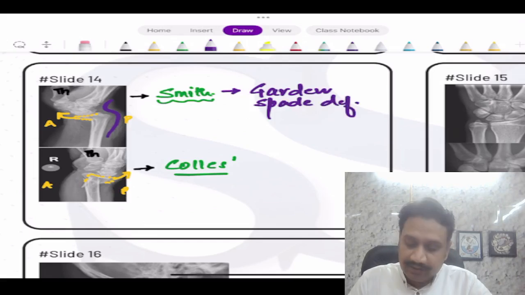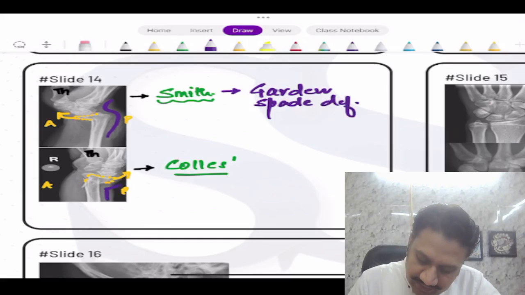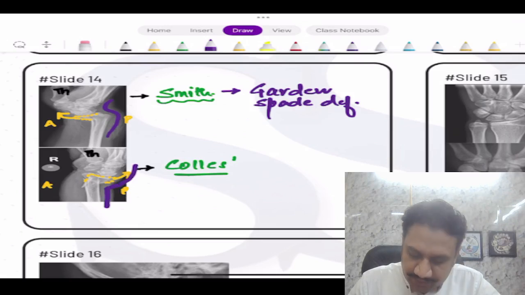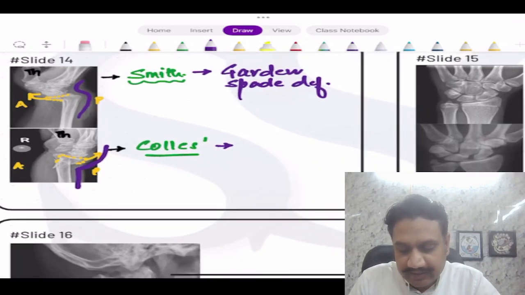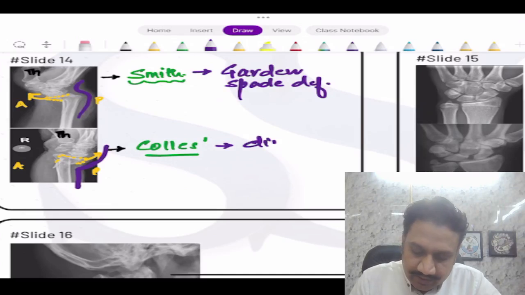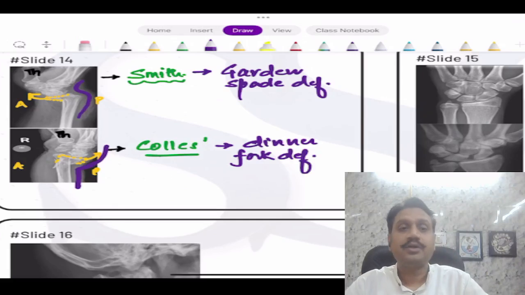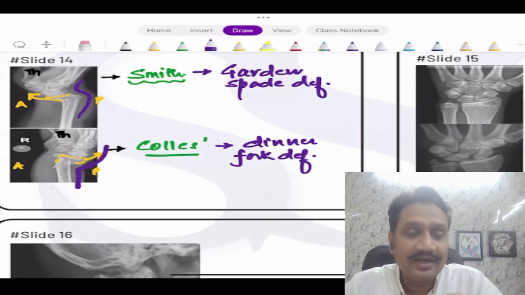And in the Colles, you can see that the fragment is going suddenly on the backside, and this deformity in the Colles is called what? It is called the dinner fork deformity. So garden spade in Smith and Colles has got the dinner fork deformity.